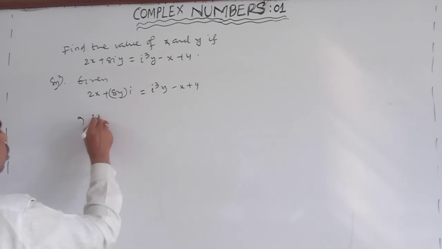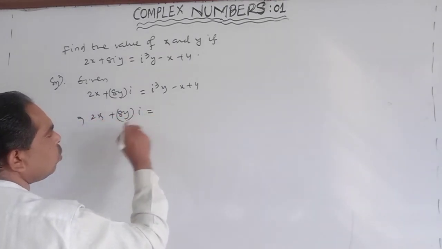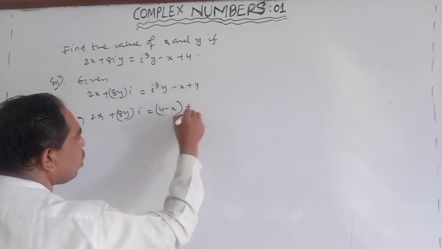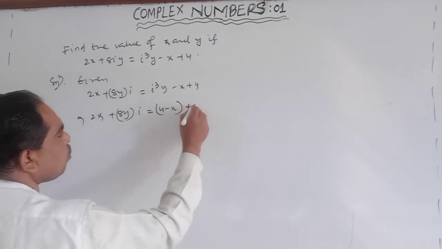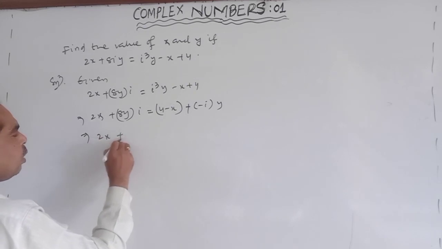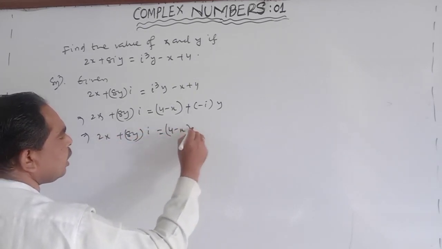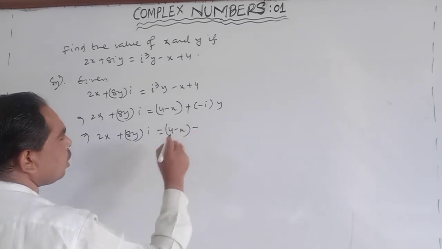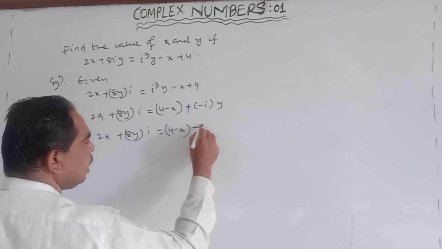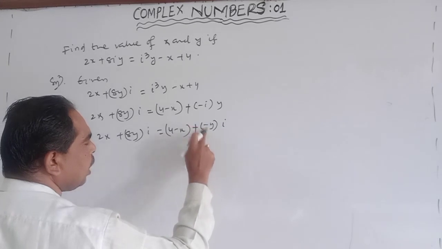This implies 2x plus 8yi is equal to 4 minus x plus i cube y. I cube means minus i, so it is 4 minus x minus y into i.